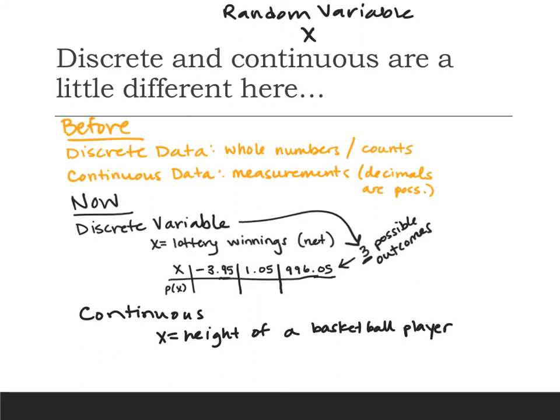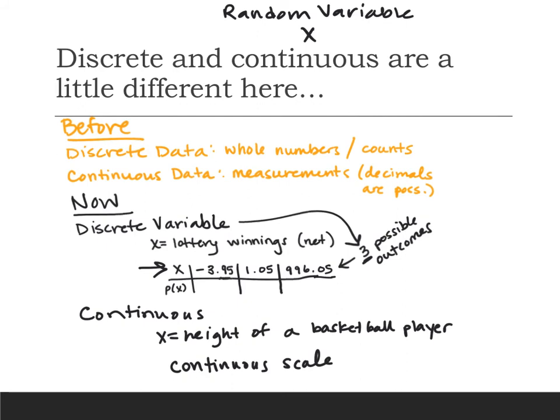Height is a measurement. If we were truly measuring these basketball players' heights, and we were getting a precise measurement, I don't know, to maybe the nearest 16th of an inch, we have a laser measure or something like that, then this would be a continuous scale. And so there would be an infinite number of possible x values, and we couldn't just list them out like we were able to up here.